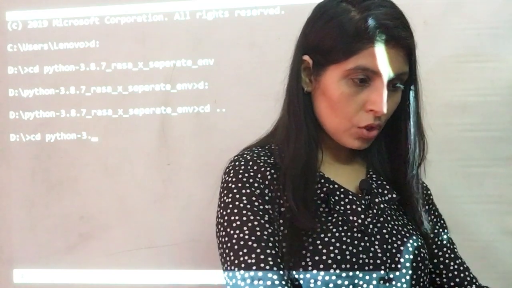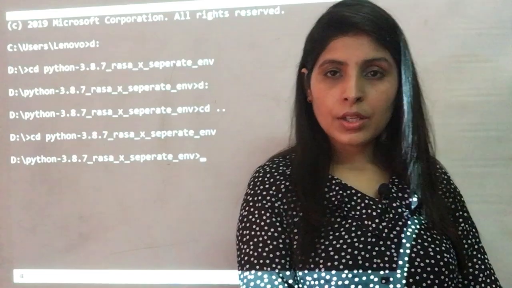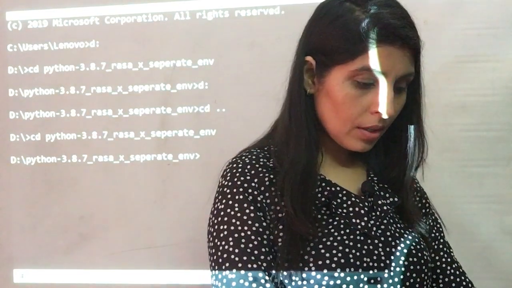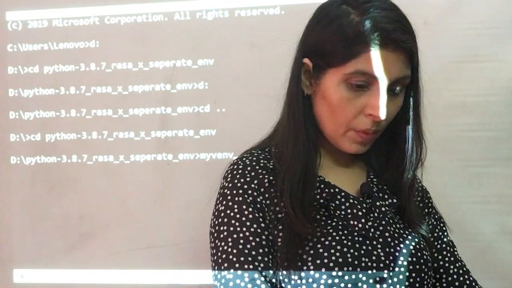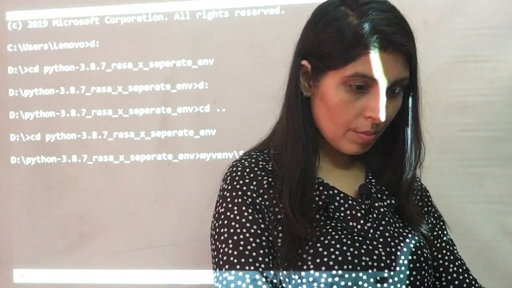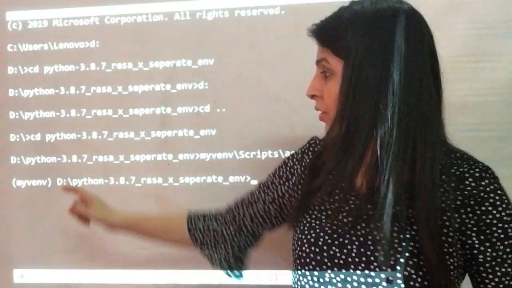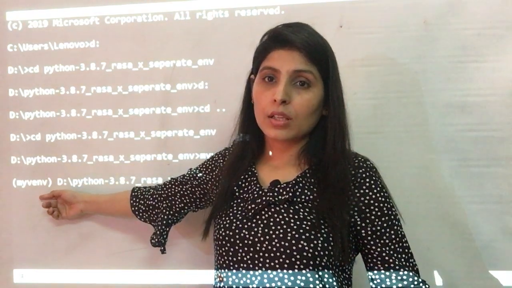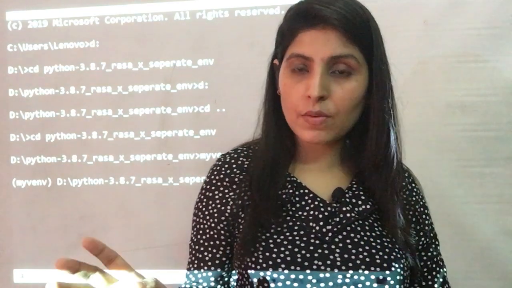My virtual environment is here, so I have entered that folder. Now you need to activate the environment. If you are using a Windows machine, you can use the way I am using to activate my environment. The environment is activated, you can see this in front, that means my virtual environment is activated now.